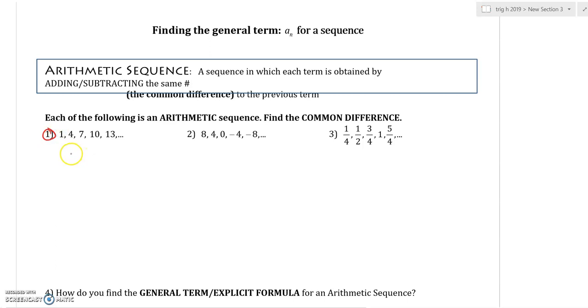So notice 4 minus 1 and 7 minus 4 and 10 minus 7, they're all 3. So your common difference is 3. Okay, so go ahead and pause the video and find the common difference for 2 and 3.